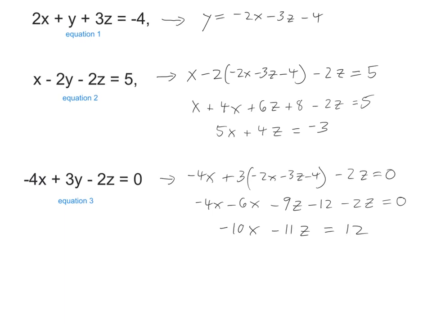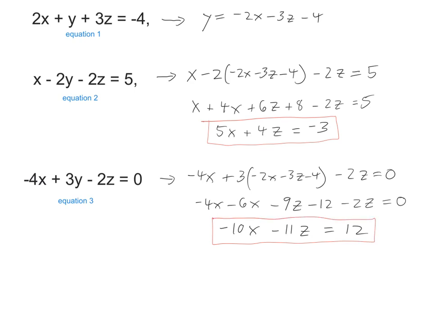So let me recap. I grabbed one of the equations, solved it for one of the variables in terms of the other two. Then I substituted that expression into each of the remaining equations, here and into here. And when I did that, I ended up with this equation and with this equation.